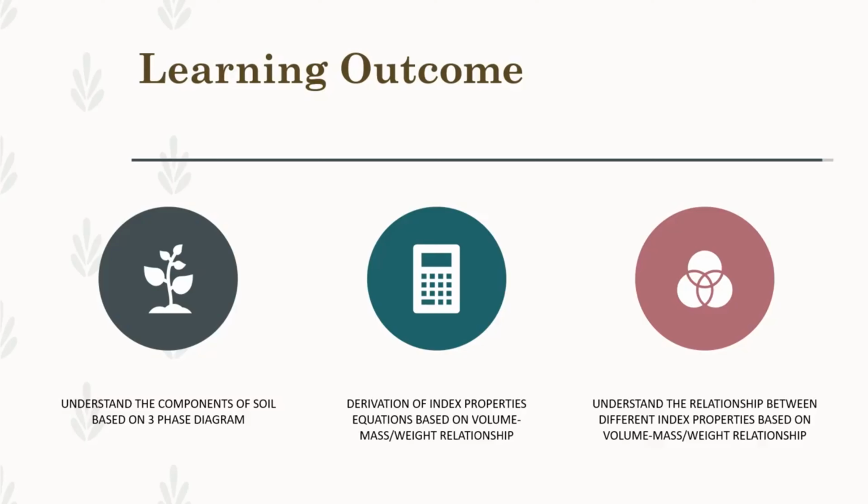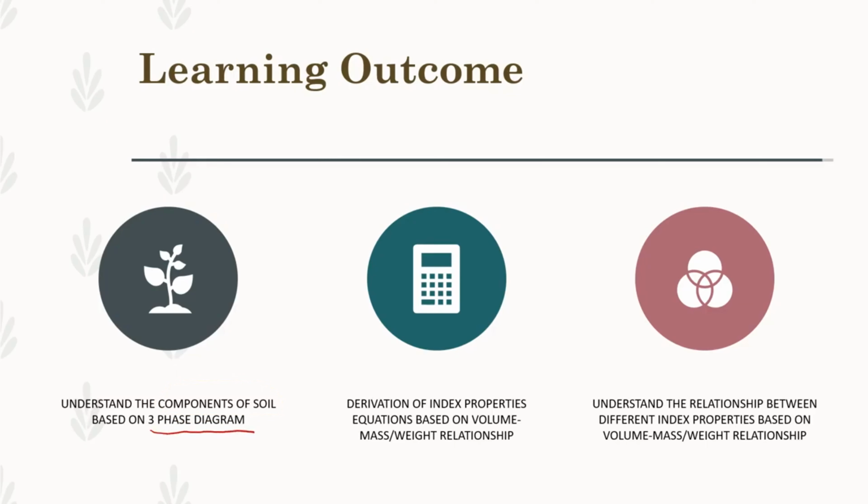So the first thing that we're going to introduce is to make sure that the students can easily understand what the components of the soil are. The separation between all those components will be based on the diagram, which we call the soil phase diagram, or three-phase diagram.